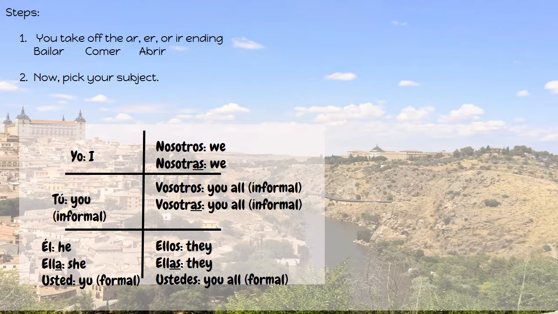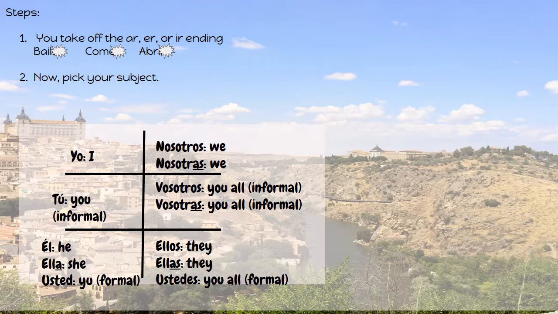Okay, so those are my 3 verbs again in number 1. Bailar, comer, and abrir. And I hope you're taking notes on this. Your first step in conjugating verbs is you rip off that ending, AR, ER, or IR. Okay, so you cover it up.